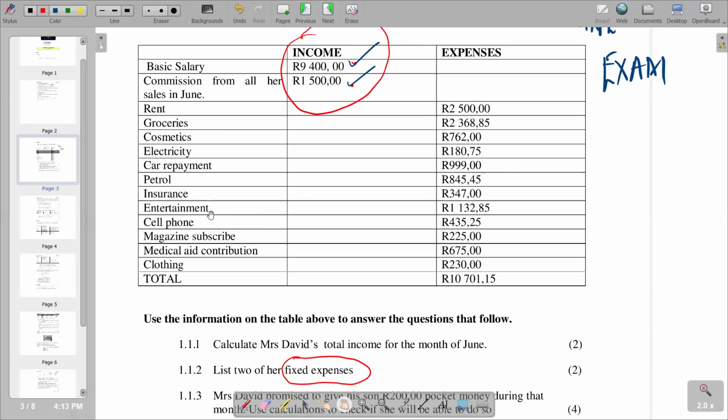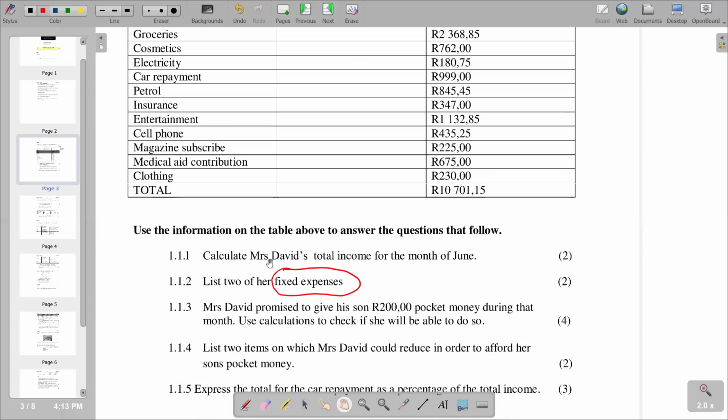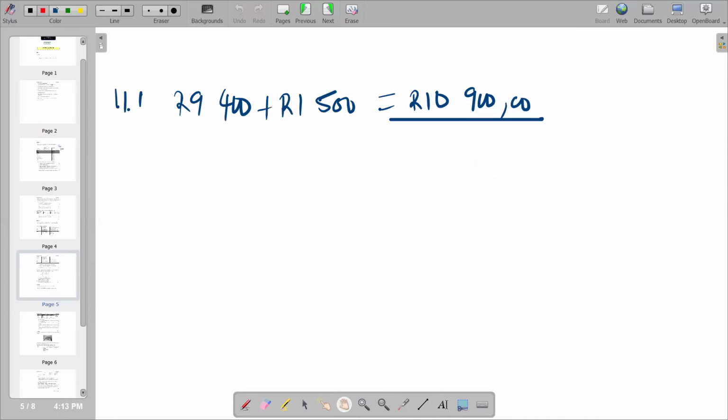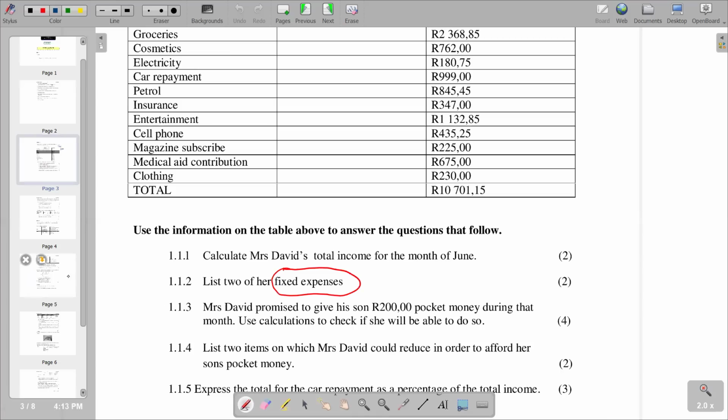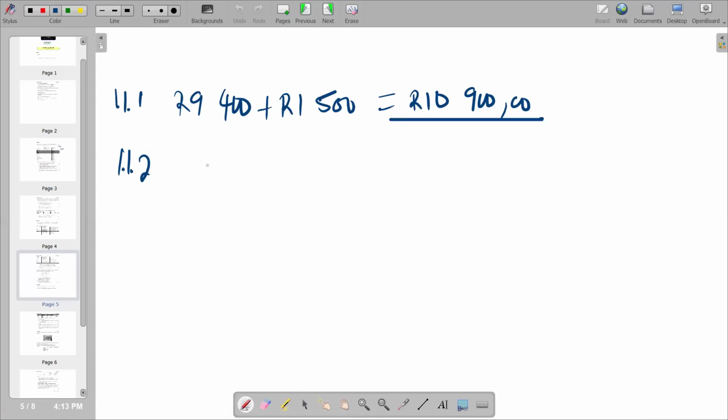So we have car repayment and insurance as examples of fixed expenses. If you look there again, we've got other fixed expenses that you can pick. We've got magazine subscriptions, which we are having here. Medical aid contribution is also part of that. So in our answer section, we can just pick two according to what we have. We have picked medical aid contribution.